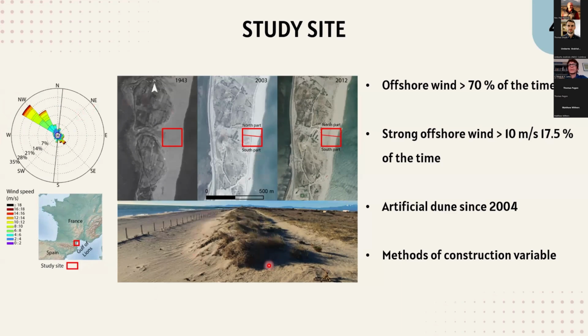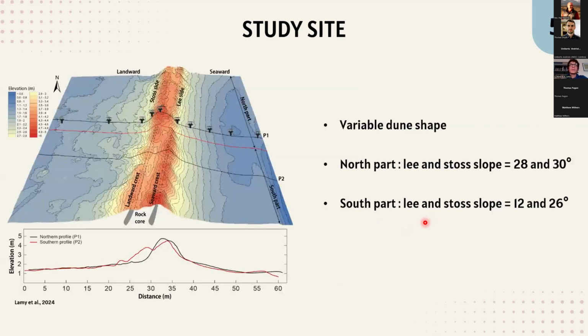And here you can see the picture of our dune, a very little dune with a maximum height of 2.5 meters. You can also see that the crest of the dune and the landward part of the dune is highly vegetated. This dune has been artificially constructed since 2004 with different methods of construction, and these different methods create variable dune shapes.